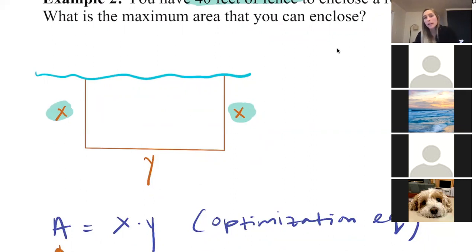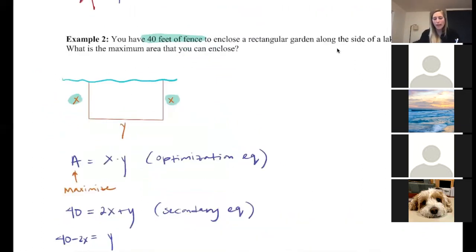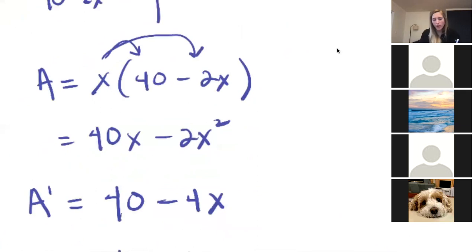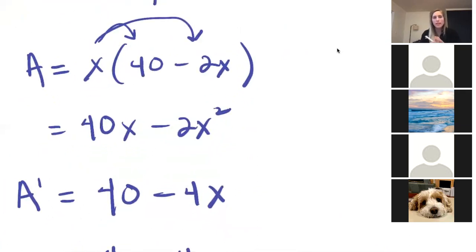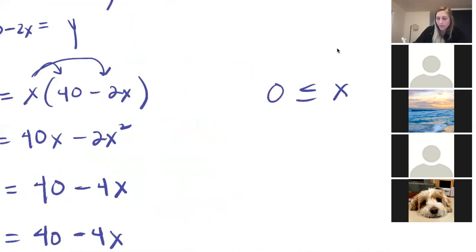And the largest x could be is 20, because if x were 20, then we would just have 2 parallel fences. We wouldn't have an enclosed area. So the enclosed area would be 0, but we can use that as a constraint in order to have our optimization equation defined on a closed interval. That can also be represented in interval notation from 0 to 20.